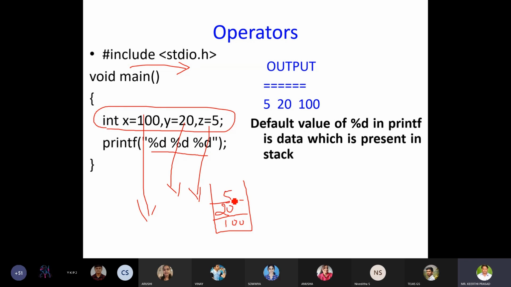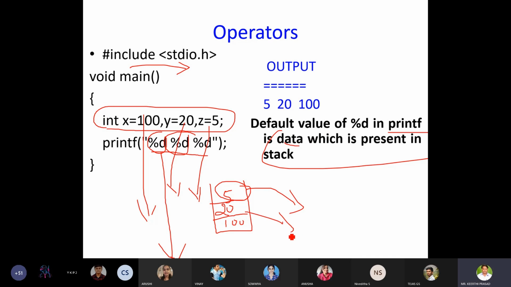Am I clear? Yes, sir. So the first %d represents what is present at the top of the stack. For this %d, the top of the stack is 5. It will display that for this one, the third one. Am I clear? Yes, sir.